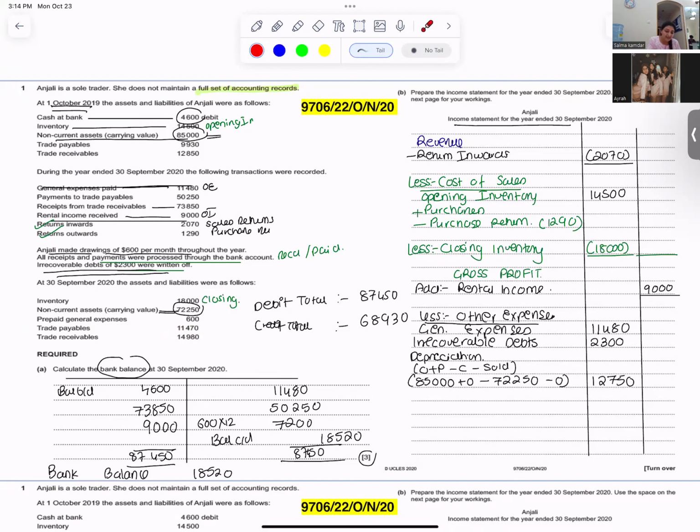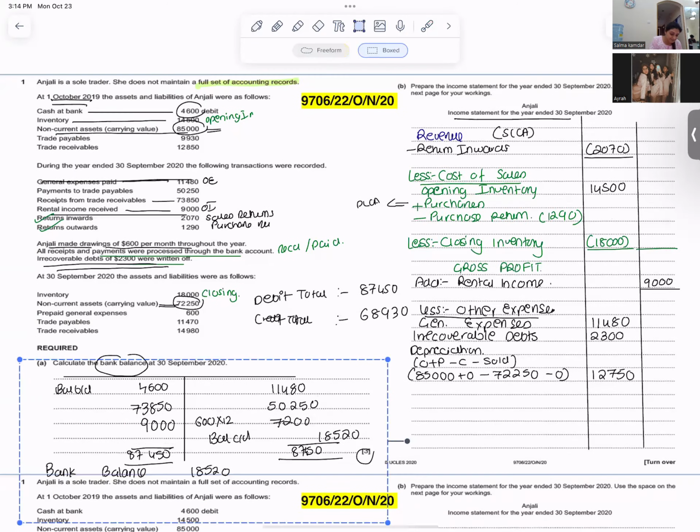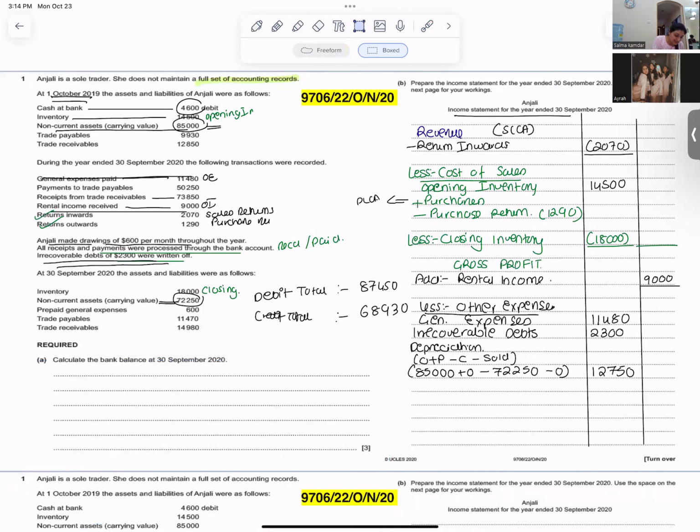In way two, how do you find out revenue? You will make an SLCA. And how do I find out purchases? PLCA. So let's make the SLCA and the PLCA. 12,850 on the debit side.